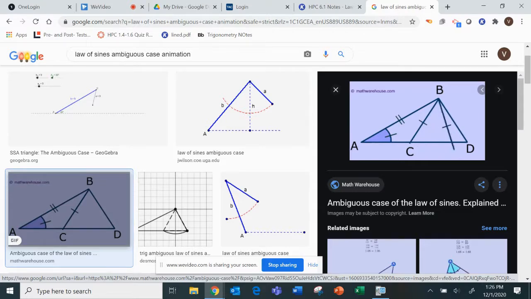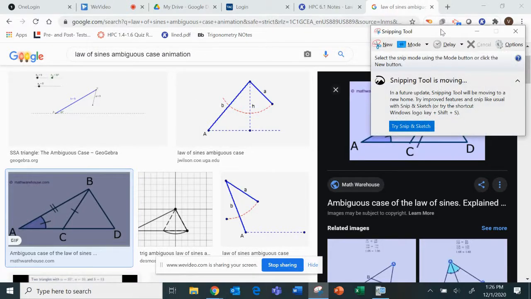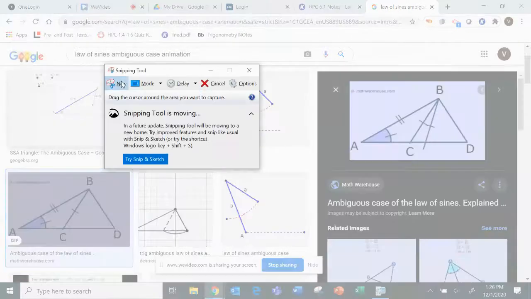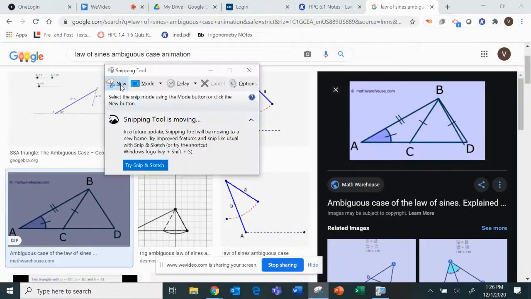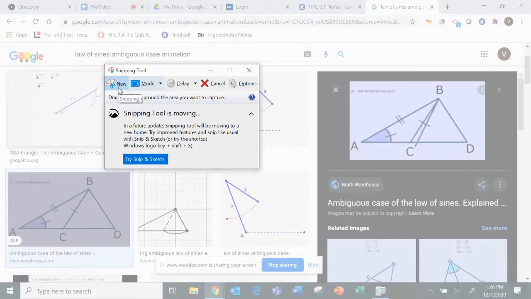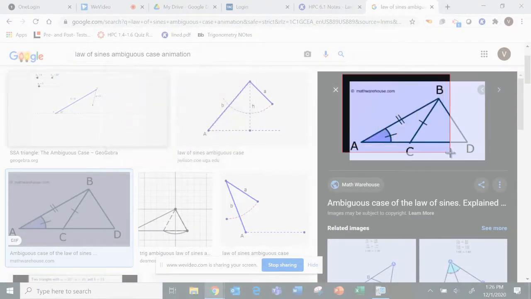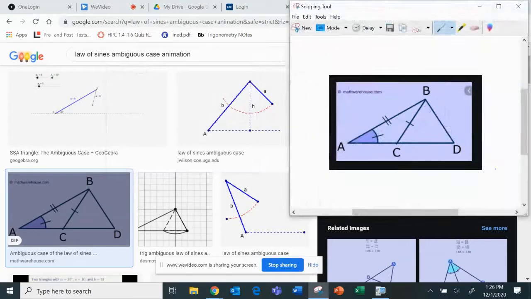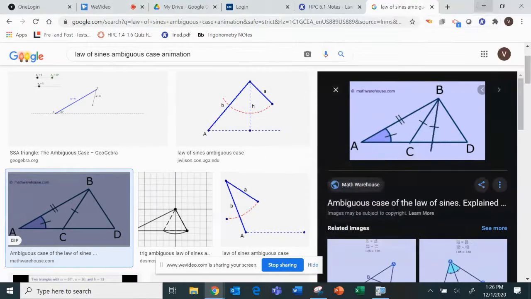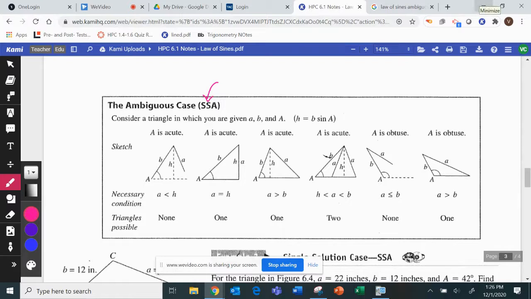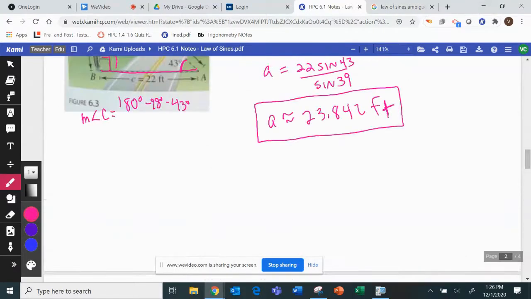I wonder if I can snip it. Oh, it's too slow. One more try. I got one of them. Yes. Okay. I was trying to get it when it lines up with the very edge. Did you guys see it moving? I can go back to the movement part. I'll just put it right here.